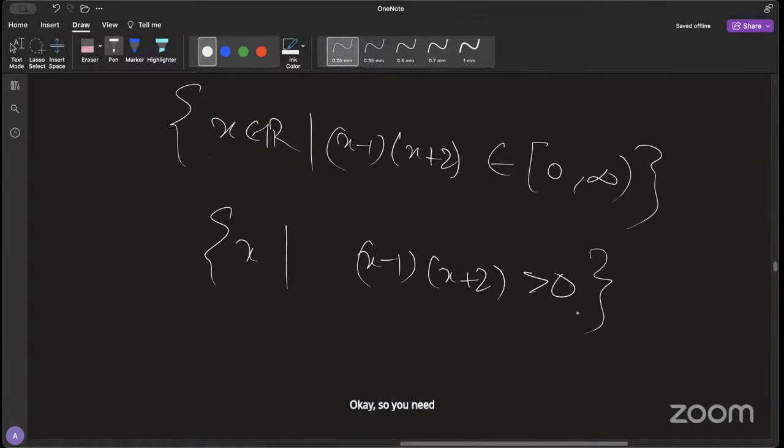Okay, so you need this inequality to be true, right? Yes, ma'am.